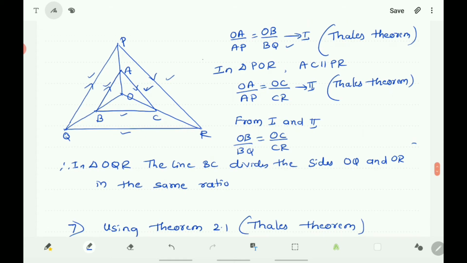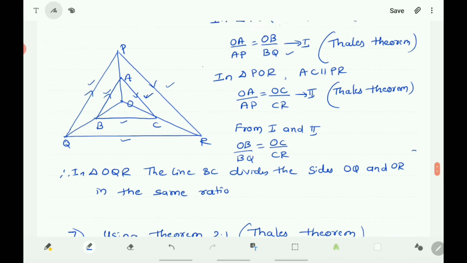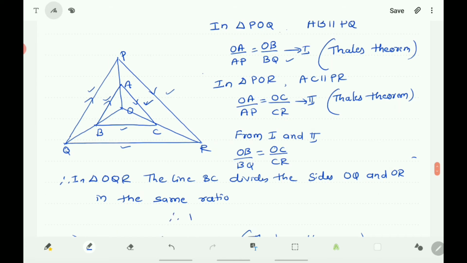Therefore you can say that here that line is parallel to the third side. Therefore BC is parallel to QR, that is the reason here, converse of Thales theorem. You know that the line which divides any two sides of a triangle in the same ratio is parallel to the third side. Therefore, BC is parallel to QR.